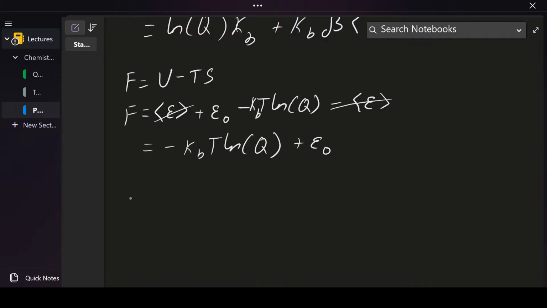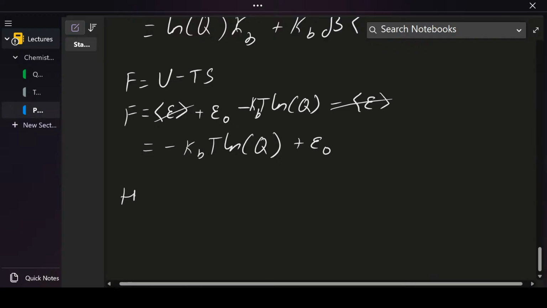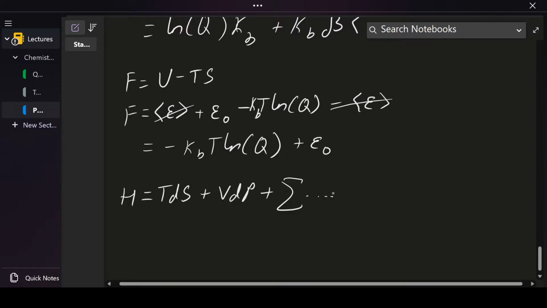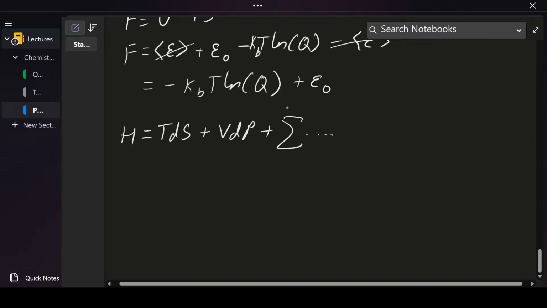There's also a fourth potential. So when I had H, dH is equal to T dS plus V dP plus my sum, right? Again, I don't really want to keep entropy constant. It's a bit weird to work with, so I'm going to define the Gibbs free energy, G, to be equal to H minus TS.